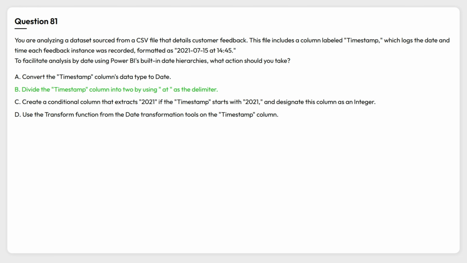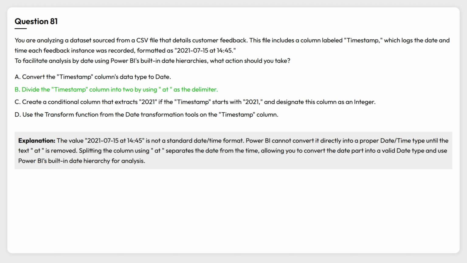The correct answer is option B. Divide the timestamp column into two by using at as a delimiter. The value 2021 7:15 at 14:45 is not a standard date or time format.